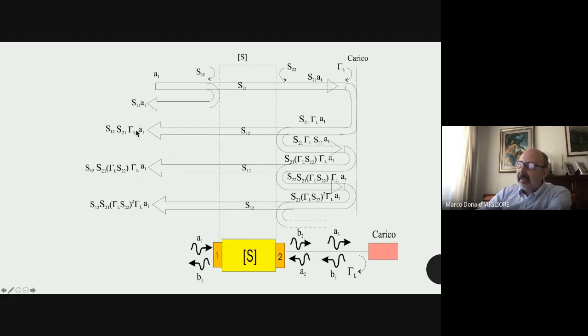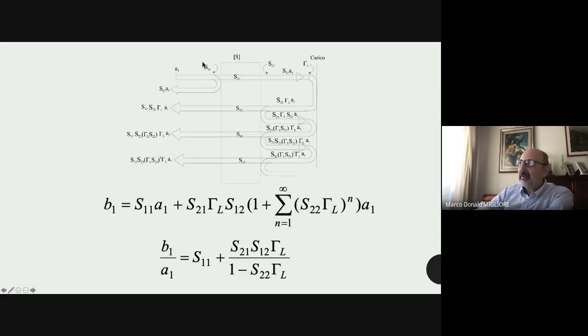And gamma L is embedded inside all these signals. So at the receiving section, I have the sum, but this is a series because we have an infinite number of reflections between this port and the load.